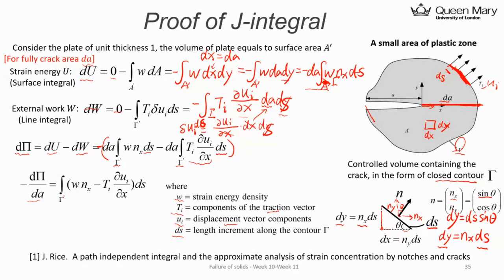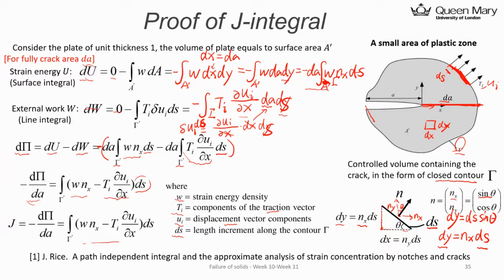This is equal to this line integral, in which you combine this common term omega ns and also the ti, partial u partial x, times the small amount of ds here. So that is the answer for the J integral. J equals these things and equals that, right? Now you actually get this answer. I think it's not that hard if you follow the approach.